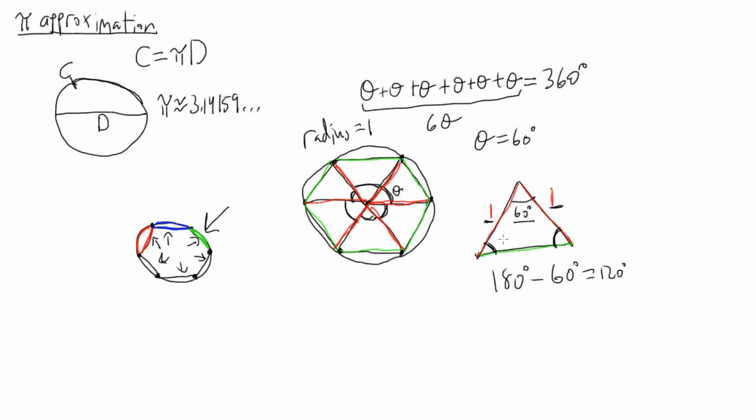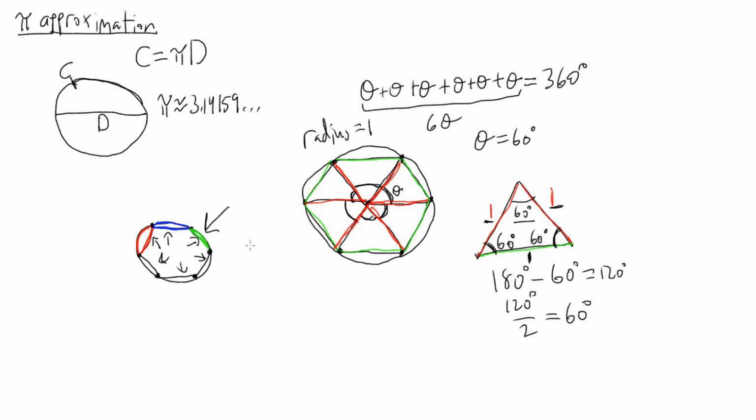So, to get each of those, I just take 120 degrees, divide by 2, and we get 60 degrees. So each of these angles is also 60 degrees. So we must have an equilateral triangle, making this side length be 1. And we can do this construction for every one of our 6 triangles.